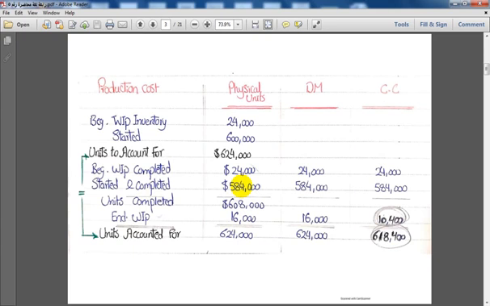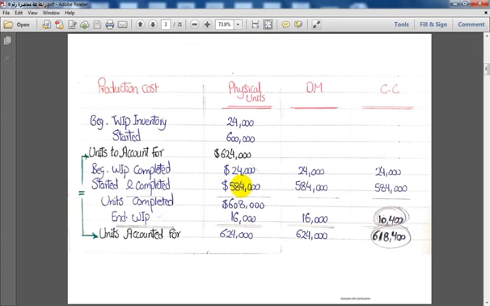So we can say that we have the inputs: beginning work in process plus units started. The sum of the two elements equals 624,000, which represents units to account for, and this is the first step.